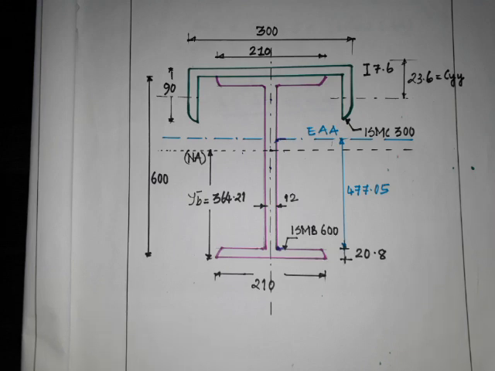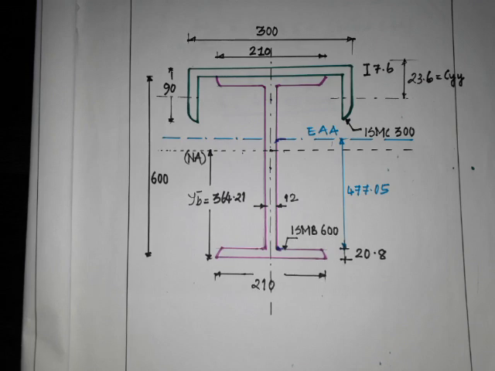In the last session we had a discussion over the calculation of moment of inertia of gantry girder and the elastic section modulus. Next we started with the plastic section modulus.